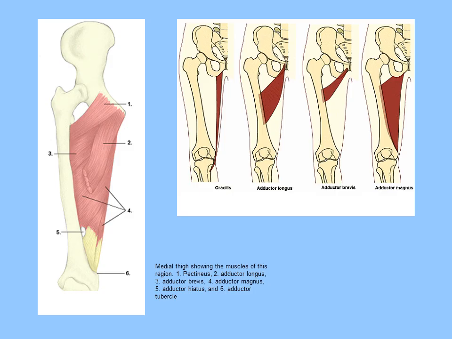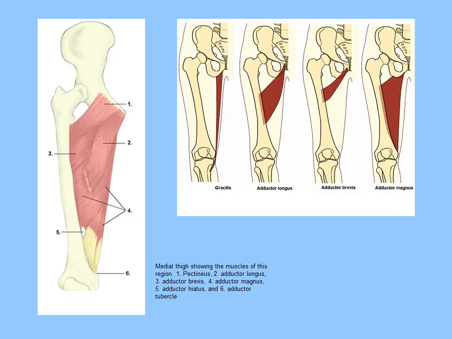The adductor magnus is such a large muscle. It carries dual innervation from both the obturator nerve and the tibial nerve. As you'll recall, the tibial nerve was a portion of the sciatic nerve.